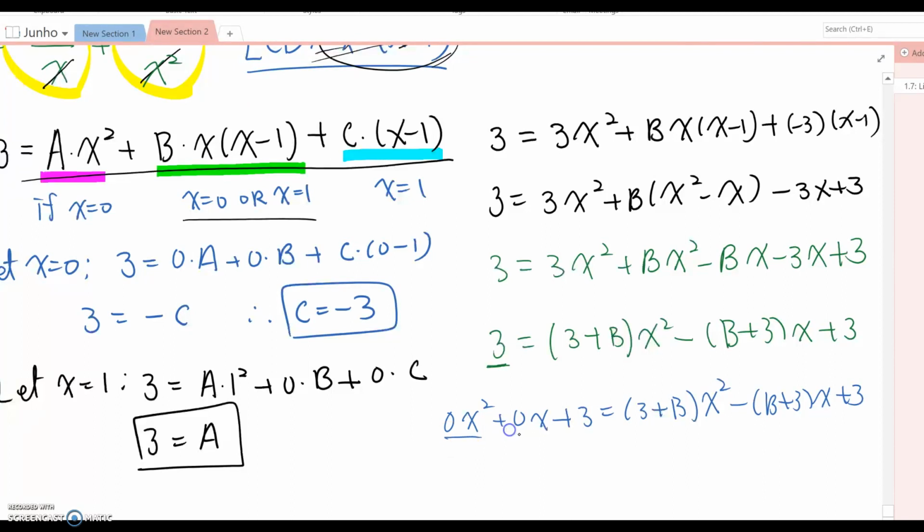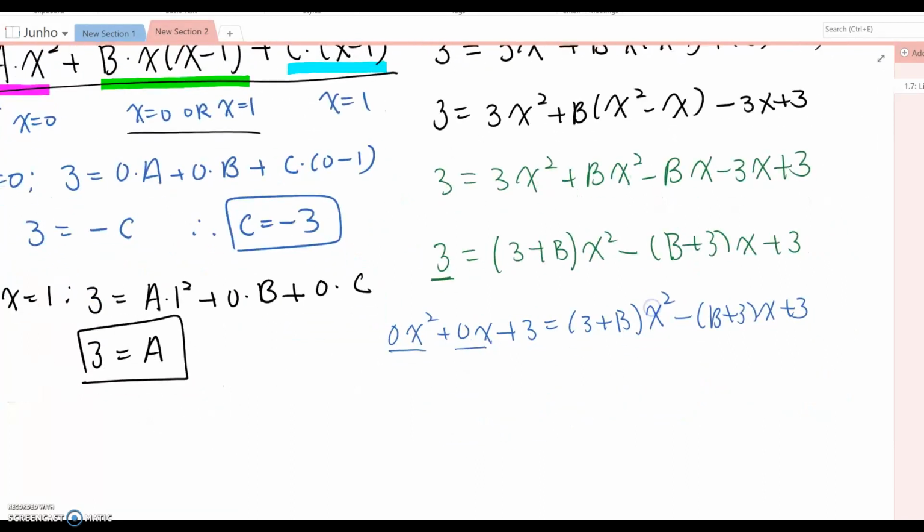Because the x squared and x terms are 0, you can just choose one, maybe this one. Set up 3 plus b equal to 0. Then you know that b becomes negative 3 as well. So we found all a, b, and c values.